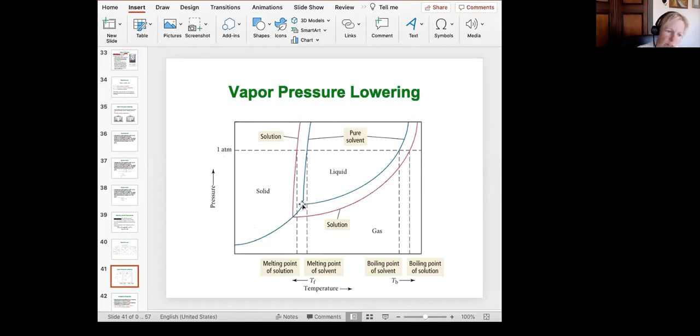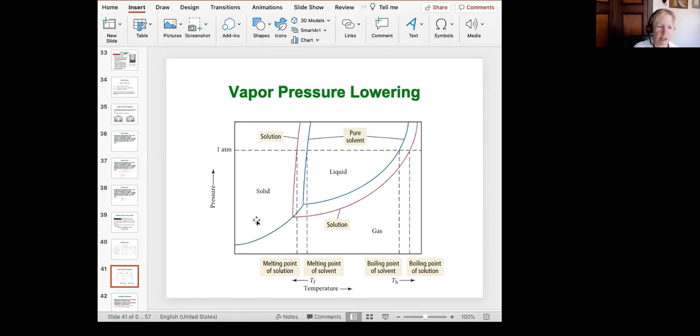It's going to move it from where this blue line is here to the red line, because now I have less of that solvent that is able to move to the gas phase. I'm adding in solute and I'm reducing that mole fraction. So what I see here is this vapor pressure lowering.